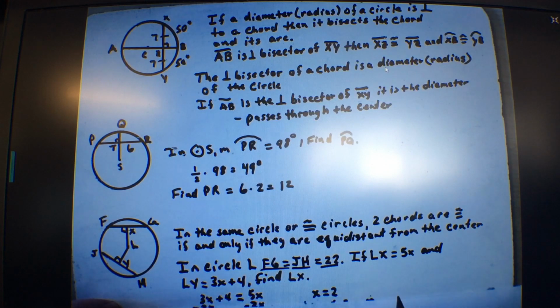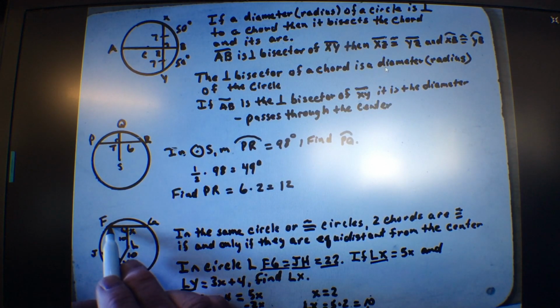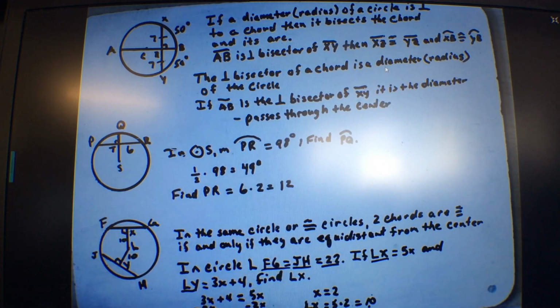Therefore, 3x plus 4 must equal 5x. This distance of LX must be the same as this distance of LY. We set them equal, we subtract 3x, we get 2x equals 4. X equals 2, and then LX equals 5 times 2 is 10. So this distance right here is 10, and this distance right here is 10. And likewise, if I knew both of these were 10, I could say that FG was the same as JH.